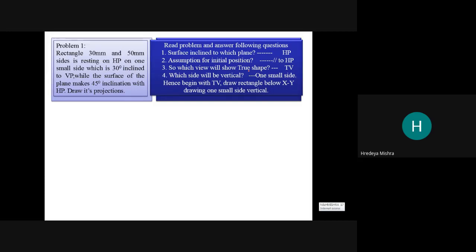So we always start with the true shape of the plane. The true shape is given in the top view, so we begin our drawing from the top view of the projection.